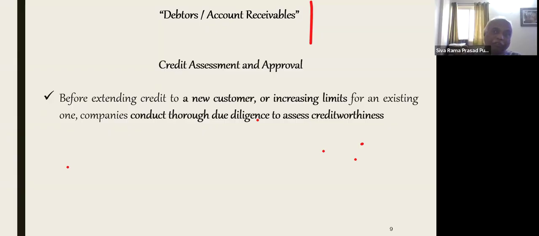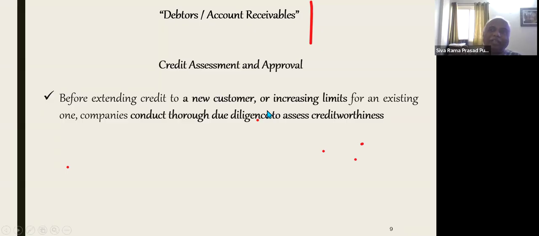Before extending credit to a new customer or increasing the limit of an existing one, companies conduct due diligence to assess creditworthiness. Creditworthiness has to be assessed properly. Otherwise, simply whoever asks for credit, the company is in doldrums.